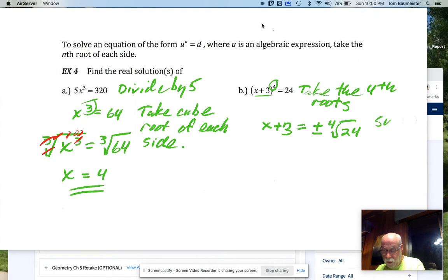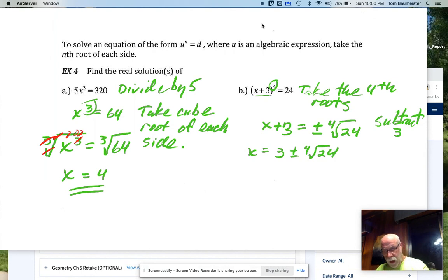I need to subtract 3. So then I'll have x is equal to negative 3 plus or minus the fourth root of 24.